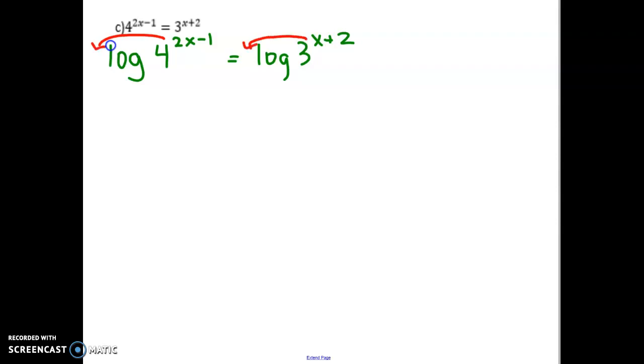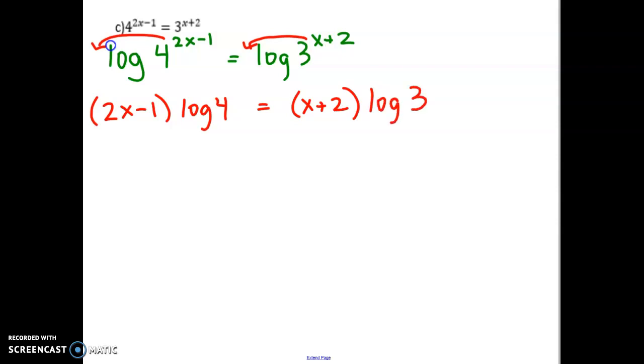So in this more complicated question, we're again going to start by putting the log in front of both. The difference here is that we have 2 exponents, 1 on each side. That's okay, they still go to the front of the log. So we'll end up with 2x subtract 1 times log 4, and that equals x plus 2 times log 3.